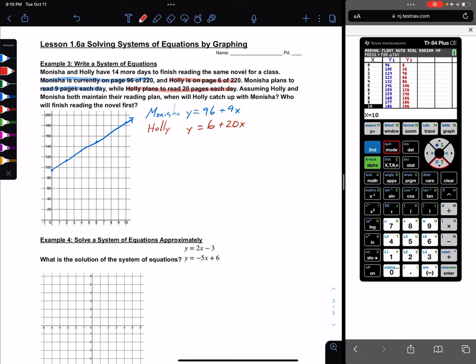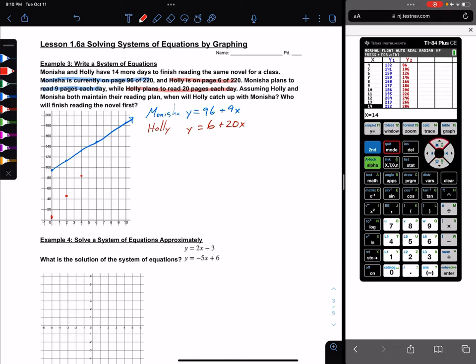Let's take a look at Holly. Holly is going to be starting at 6 pages, so that is way down here. She's been slacking. And then we'll do every other point again. So 2, 46. Let's go 4, 86. Again, you might be able to do this pretty easily. Maybe fast forward the video or pause the video to pull these points and then continue after that.